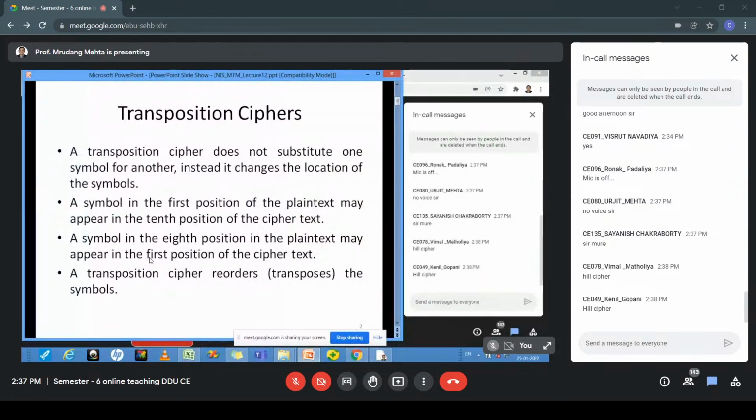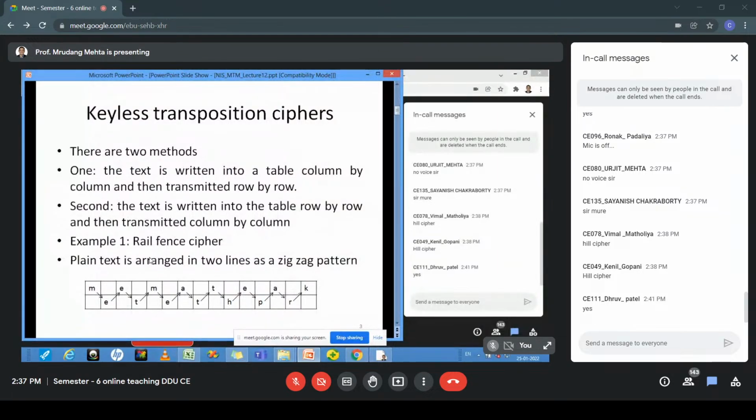Earlier we used to have one key because it was shifting, right? But here it is reordering. So there is a permutation in the locations. Are you getting this, students? Type in the chat box.